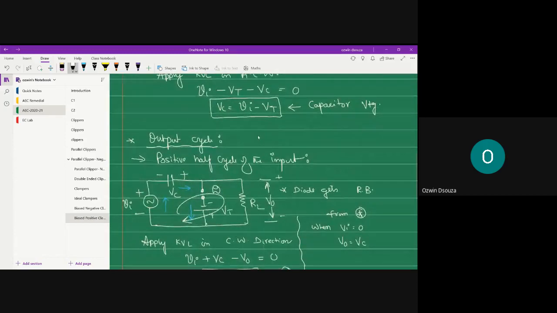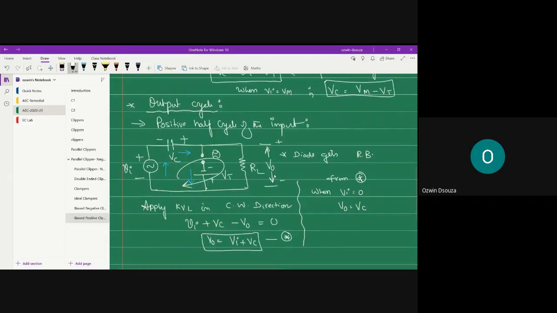One small thing I forgot, that when your input attains maximum voltage, your capacitor will have a voltage equal to Vm minus Vt. This is what I should have written in the beginning. So Vc is equal to Vm minus Vt, and your output V0 is Vm minus Vt.